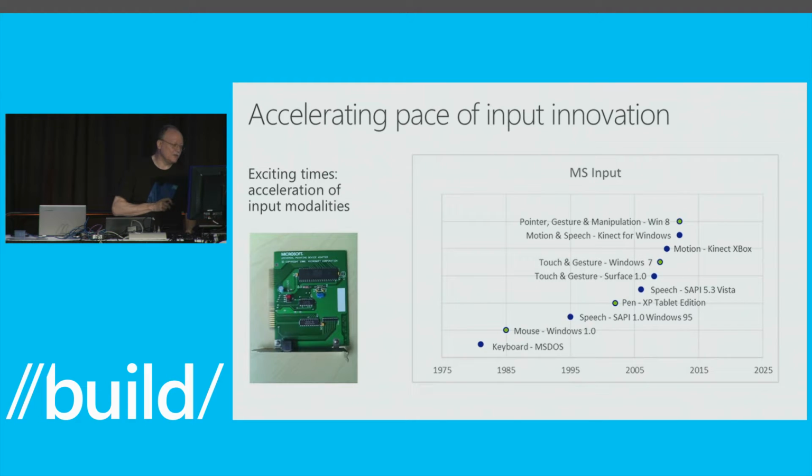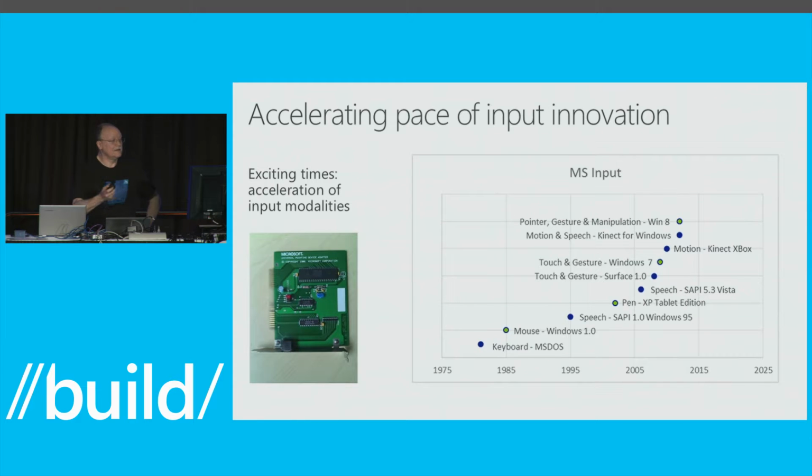Speech, we introduced a decade later, in 1995, with the first separate package you could apply to Windows 95, or I think also Windows NT took it. SAPI 1.0. And then things start getting a little bit more fast and furious. We introduced Pen with XP Tablet Edition in 2000, and I guess that's probably 2002 or 2003. There was another edition of Speech that came integrated into Vista a couple years later.